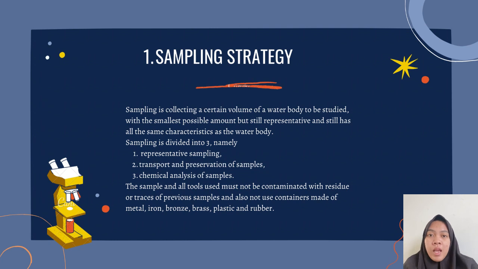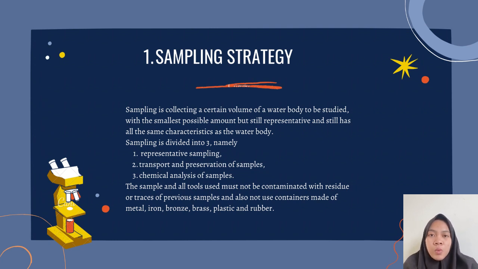To take a sample at a certain depth, a closed bottle is provided which can be opened when it reaches the desired depth. Another way is to use a can or pump. Samples from faucets can be taken with an open beaker or a bottle to be closed, depending on the analysis plan.